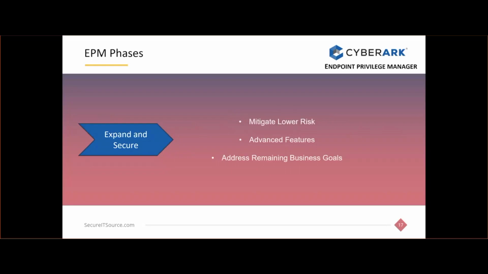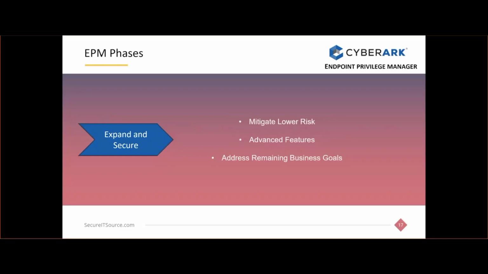Maybe we want certain applications only used by certain people and groups, maybe because there's a licensing factor where we only are allowed 5,000 users to use something. So we want to ensure we lock these things down. We control our apps in accordance to what our policy is, what your policy is, right? And of course, we'll address the remaining business goals. These are all the other cool features that EPM has to offer besides just least privilege.